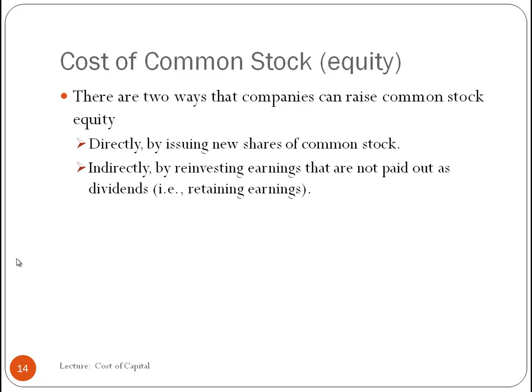Some of it maybe they distribute in the form of dividends, and then some of it they'll keep and reinvest. The earnings that are reinvested and not paid out, it's as though it's getting that money from the market. So there's an implicit cost associated with the retained earnings. It's really an opportunity cost. So in either case, there's an implied cost of the equity that the shareholders are requiring.